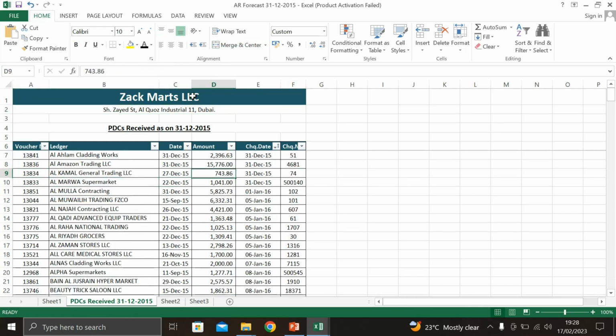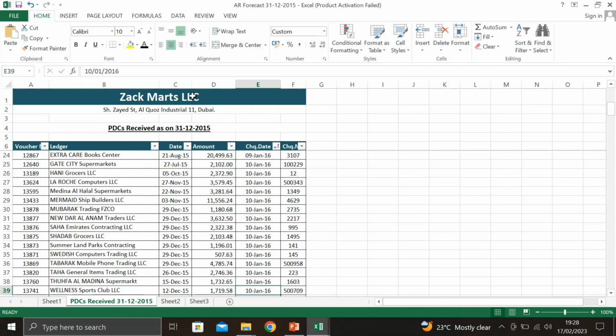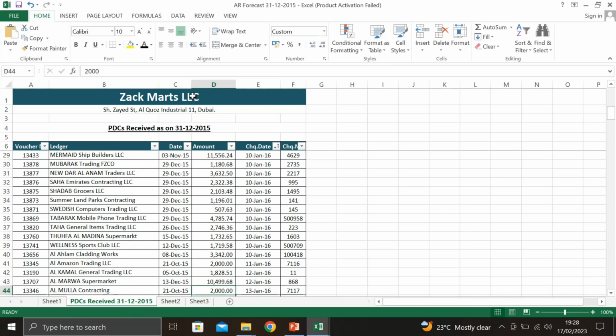So these are all the PDCs from the customers. These are some checks we did not present in December 2015, still we have to deposit, we will deposit these in Jan. So month wise we have all the check details from the customers.